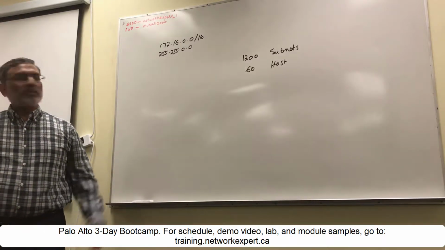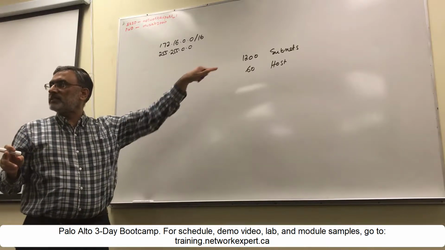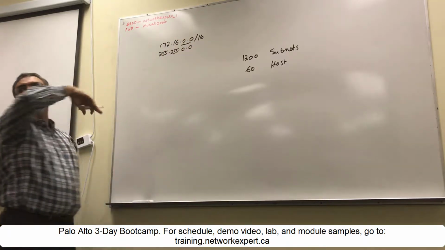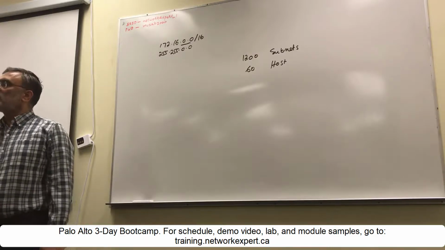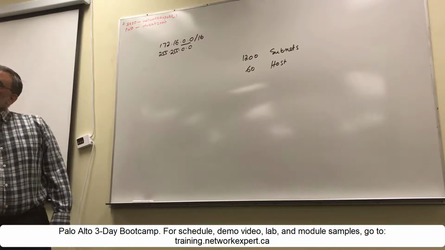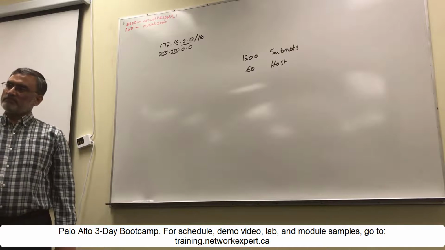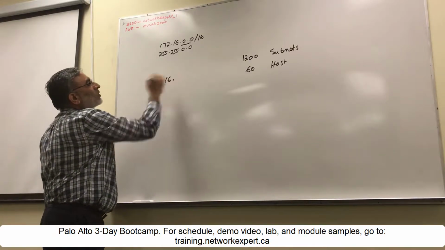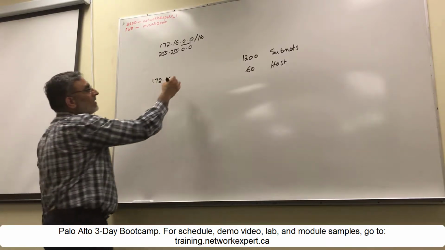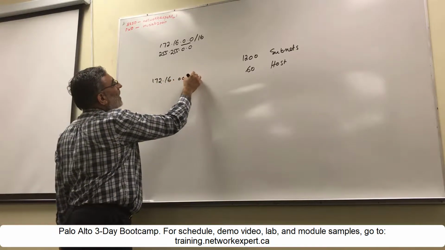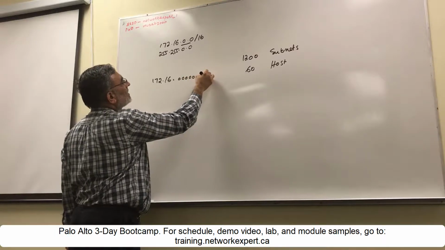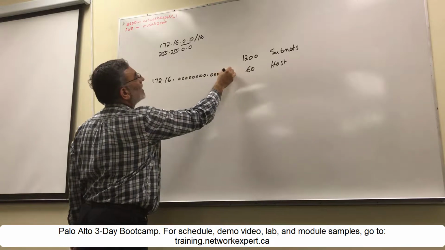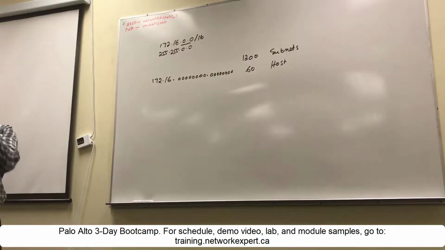To break this network down into further subnets, we will move the bits from our host portion into the network portion. We will decide that from now on, this many bits we will consider as network bits. So 172.16 is constant for me, and 1, 2, 3, 4, 5, 6, 7, 8, and 1, 2, 3, 4, 5, 6, 7, 8. 16 bits are variable for me.